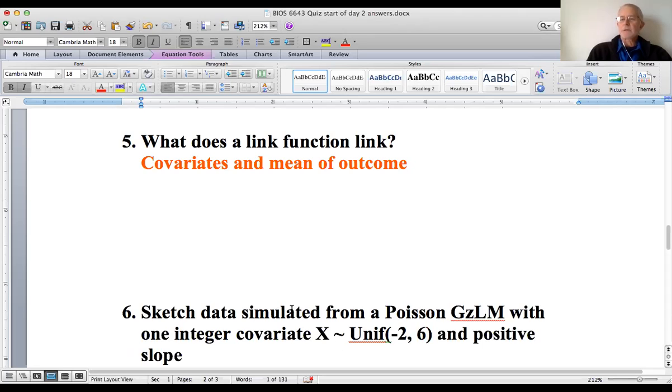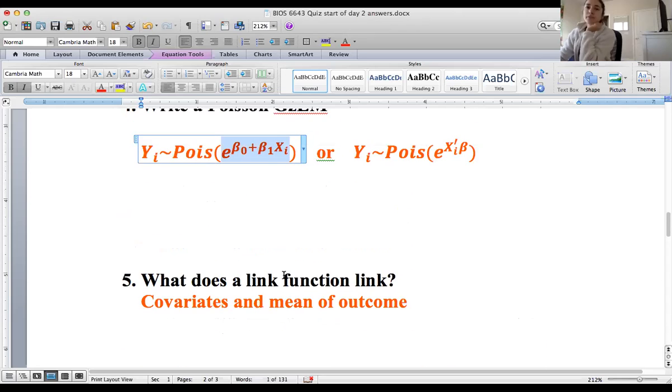The only values can be non-negative integers. What will the pattern look like? What will the mean pattern look like? Straight or curved? Curved. It'll be curved, right? Because of the exponential function.